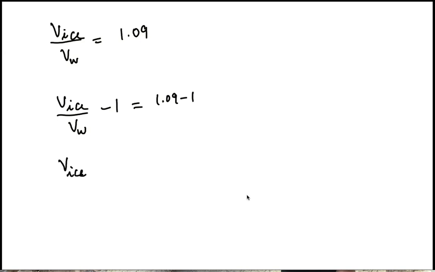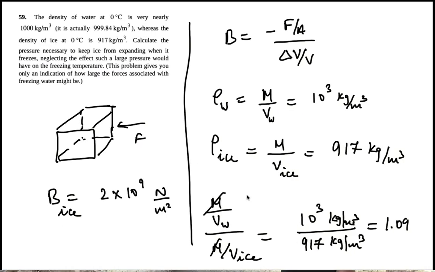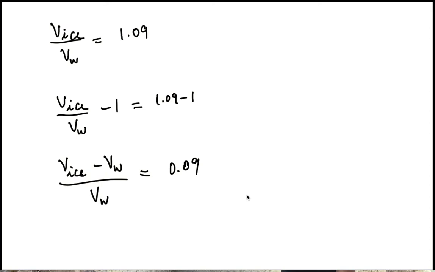V ice minus V water over V water equal to 0.09. So in this equation, the change in volume for the ice to keep it contained in this container is equal to that. So when you froze water, its volume increased by 9%.